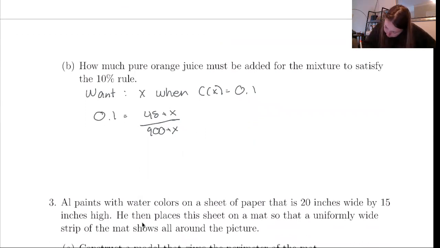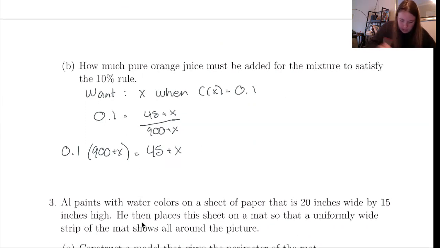Okay, so everything times 900 plus x, 45 plus x. Oh god. 10% of 900, is that just 9, I think? No, it's 90. Yeah, 90 plus 0.1x. Don't forget to distribute both.